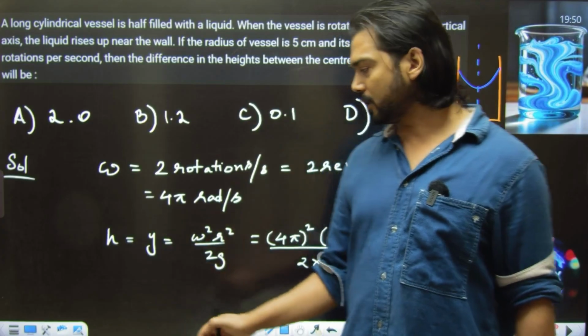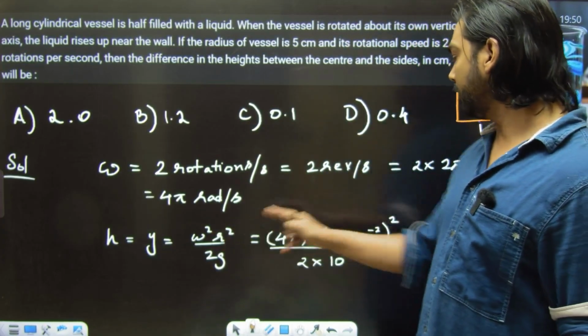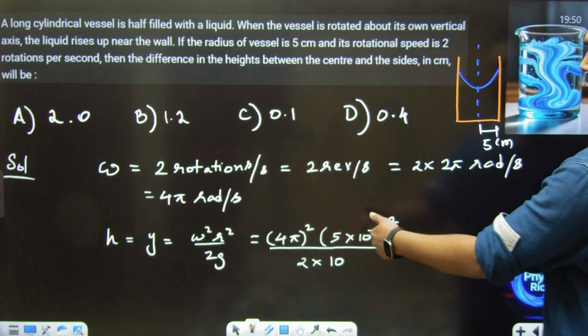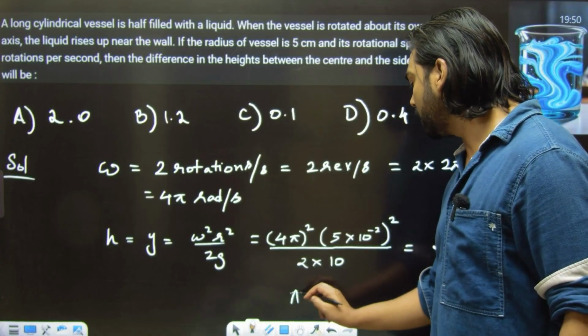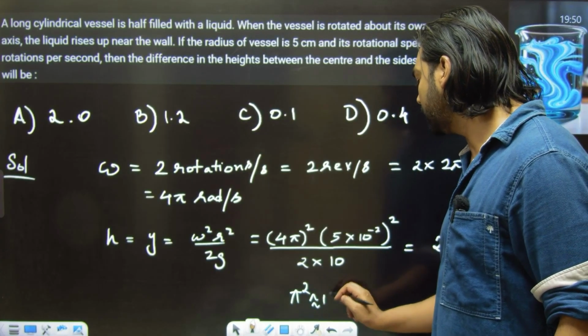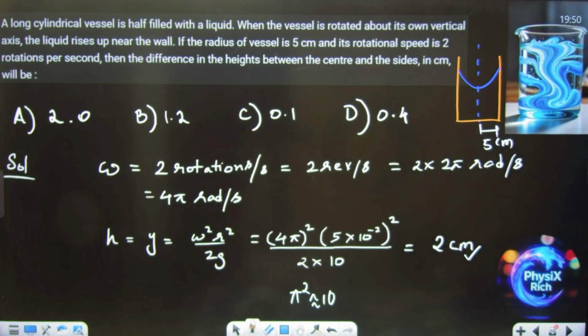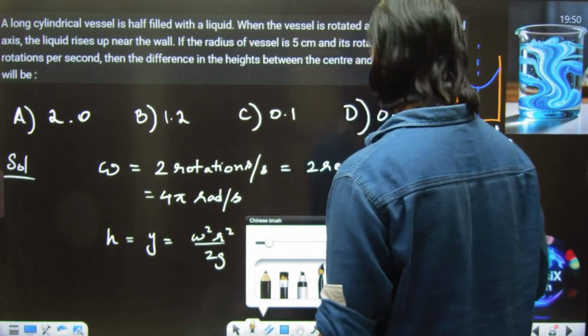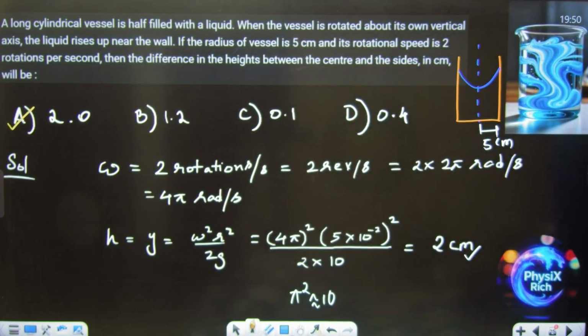So you can just put the value of omega, put the value of r as 5 into 10 power minus 2, and then divide by 2 times g. Make sure that you put pi square as 10, and then you will get the answer as 2 centimeters. Easy, easy peasy.